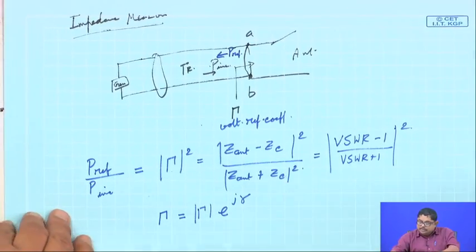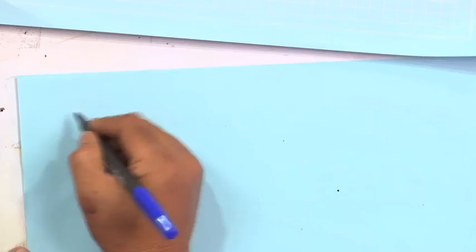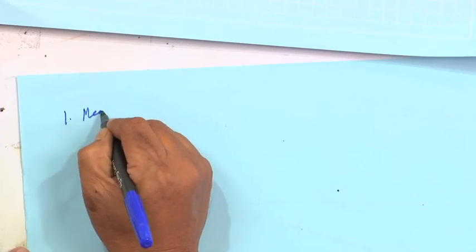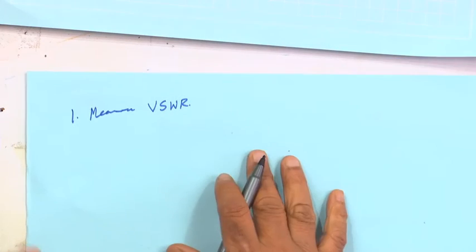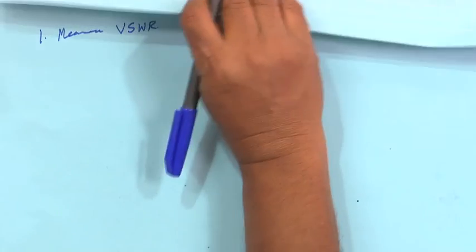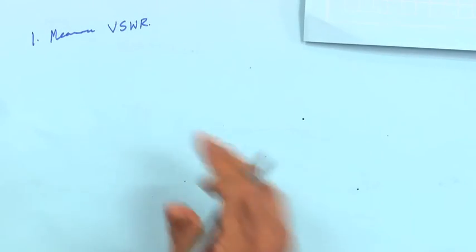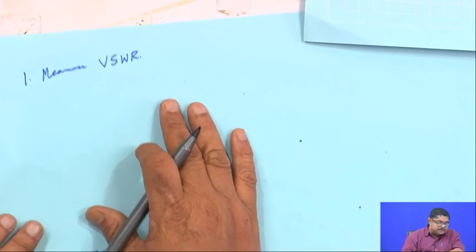So, I will now tell you how, one by one, you can do it. First step is you measure VSWR at the antenna terminal, which you know you can connect and measure.